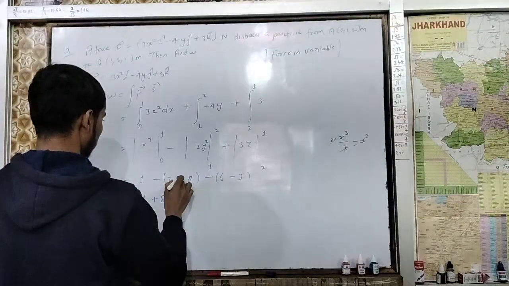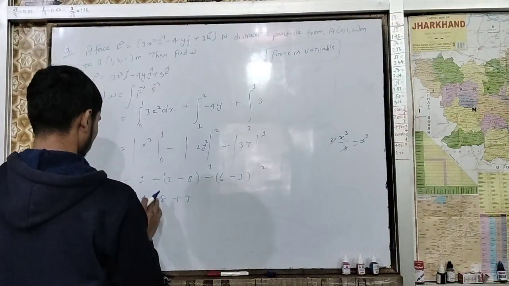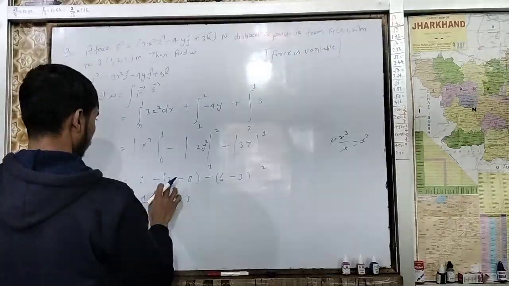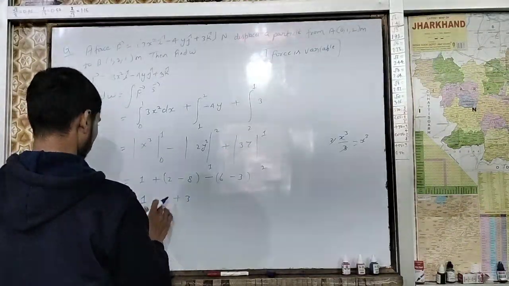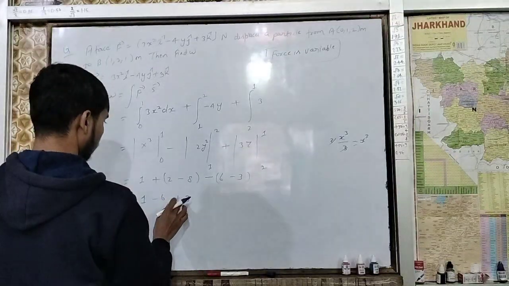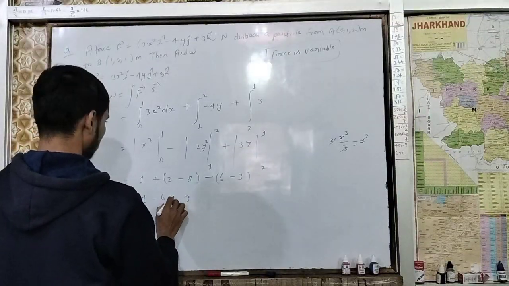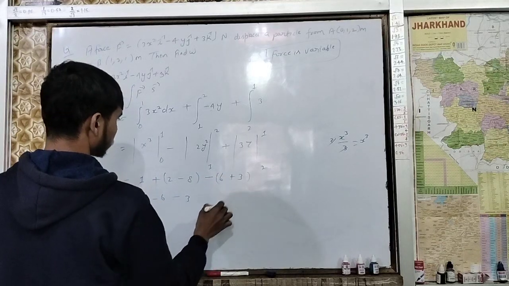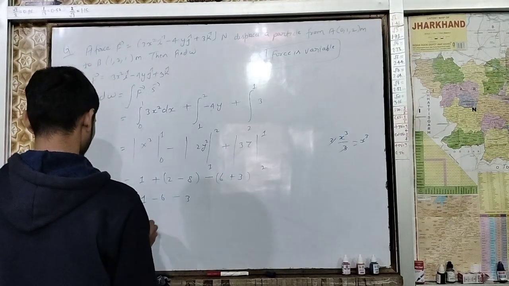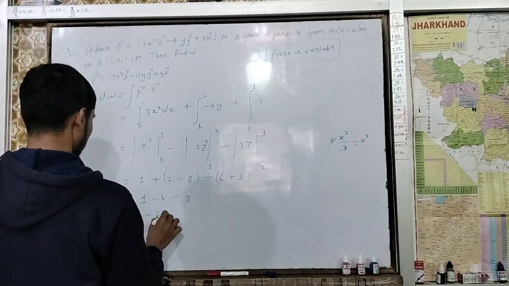This will be minus. This is a positive. Minus 8, minus 6, minus 6 and minus 3, minus 3, minus 8 is our joule.